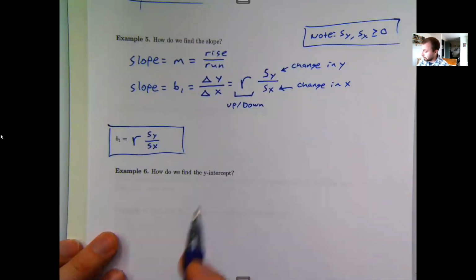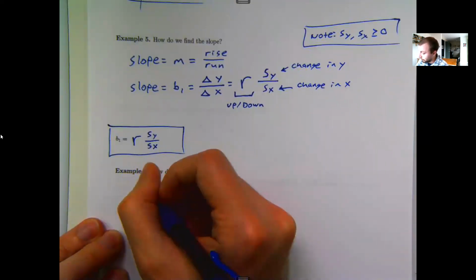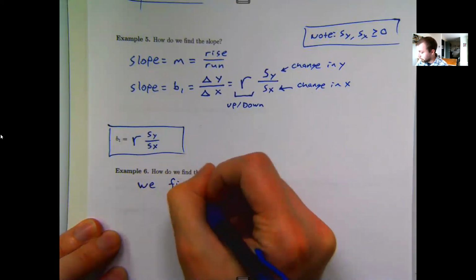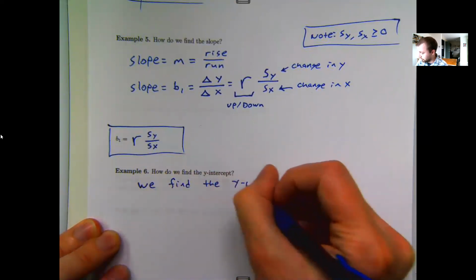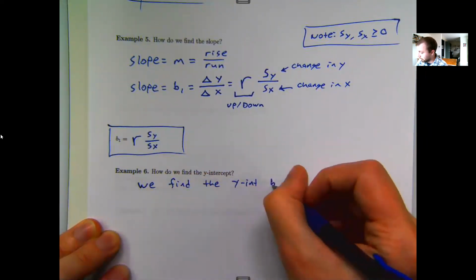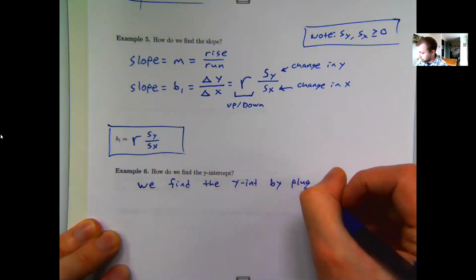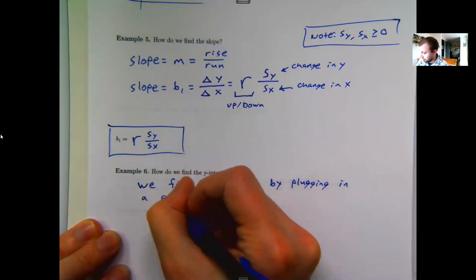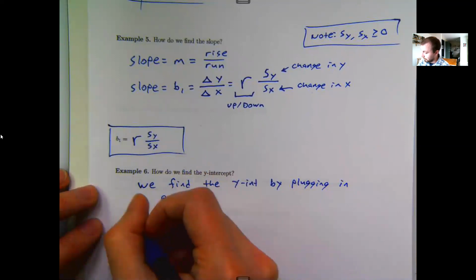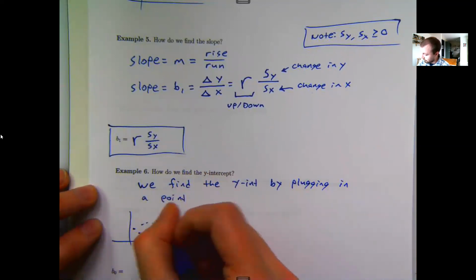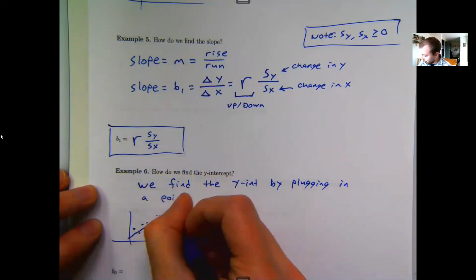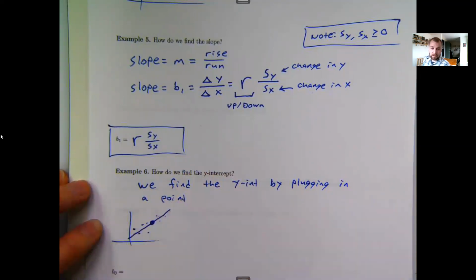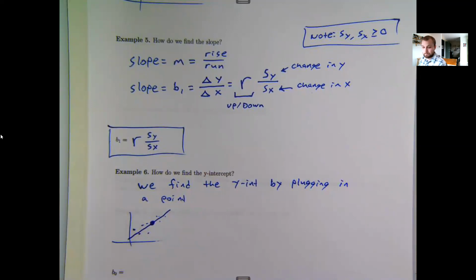How do we find the y-intercept? Well, previously, we find the y-intercept by plugging in a point. So when I'm looking at a cloud of values and I'm trying to come up with my line, I need some point that I can plug into the equation to figure out where it's crossing.